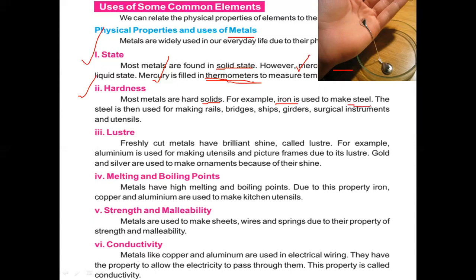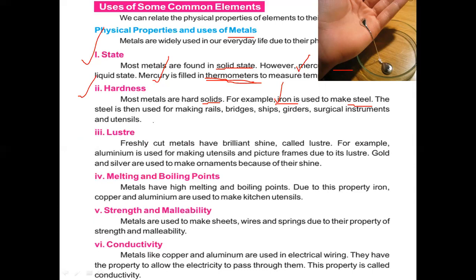Like in the kitchen, we use lots of steel utensils and pots to cook the food and for serving the food as well. That is made from iron. Iron is Fe, ferrum, and that iron is used to make steel.